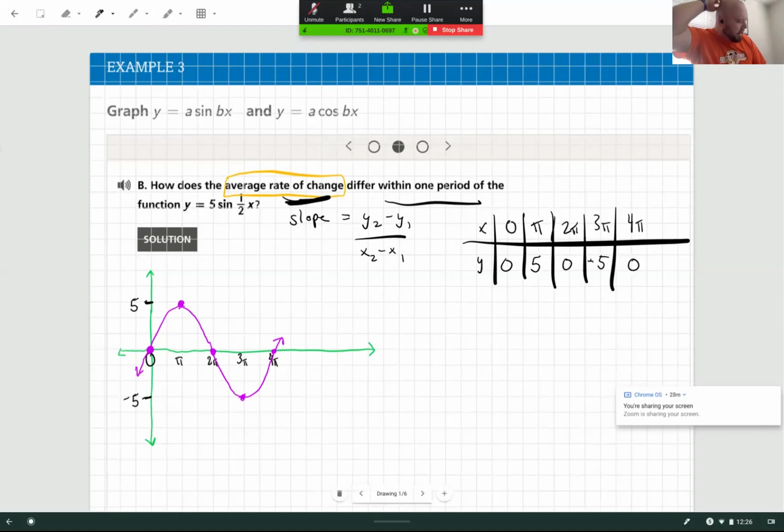So let's say I looked at the slope between this interval 0 to pi. Well, my slope would be the ending y value, 5, minus the starting y value, over the ending x value minus the starting x value. And that's going to give me 5 over pi.